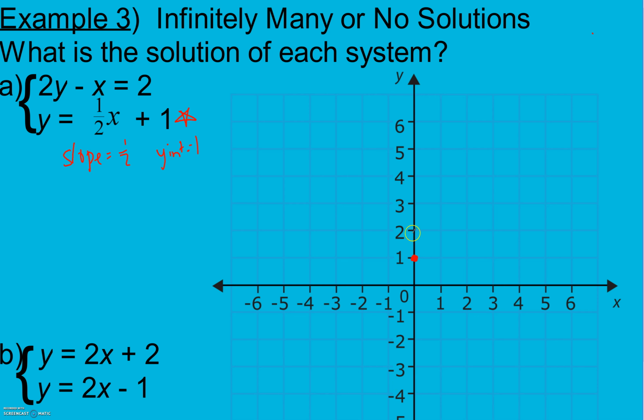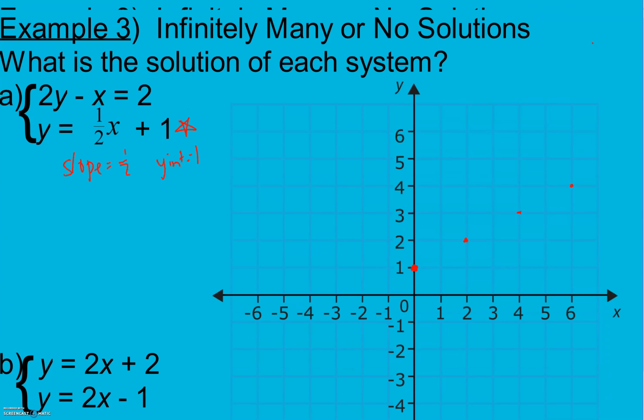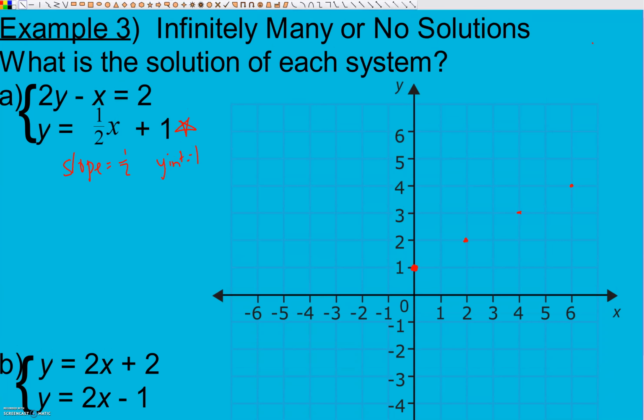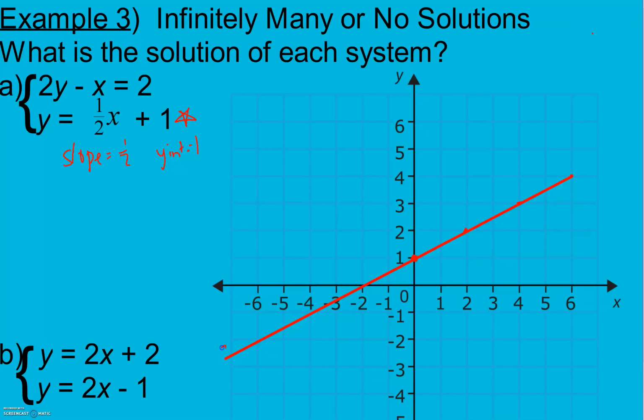And my slope is half, so I go up 1 over 2. I'm going to draw in my line here, and extend it all the way through my graph because I don't know where my other points are going to be.